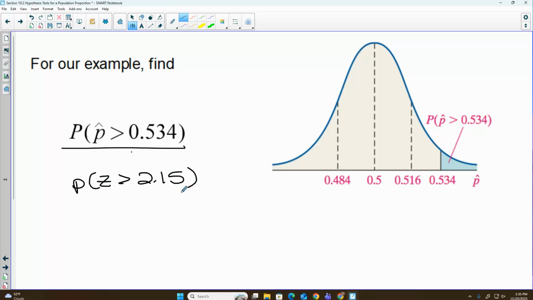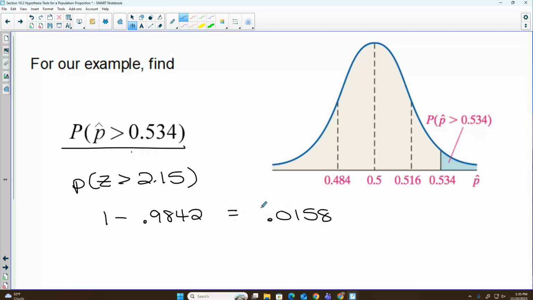Probability z was greater than 2.15. We know greater than is 1 minus, then you look at your formula sheet. So if I look up 2.15, .9842, and that probability is 0.0158.